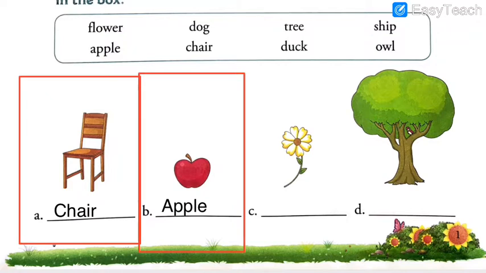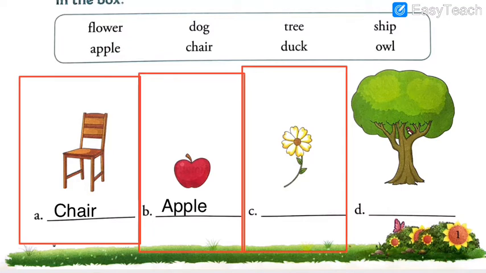Now moving on to the next picture. Okay, now can you see this, students? Green color, white color, yellow color, different colors are there. So what is this? Is this a flower? Yes, this is the flower.